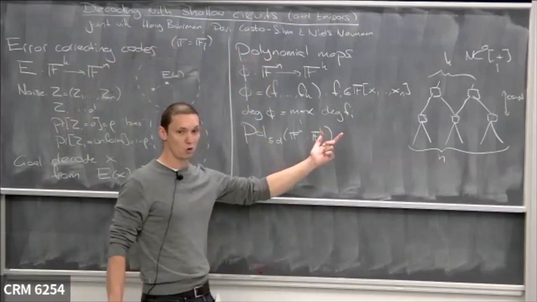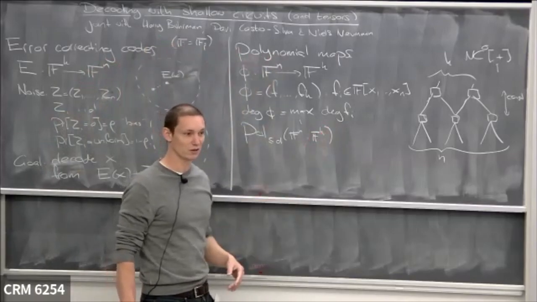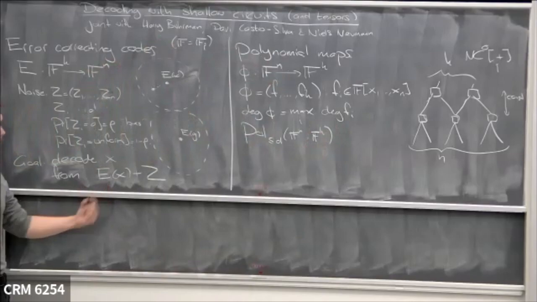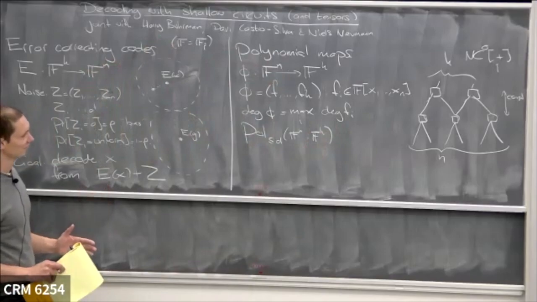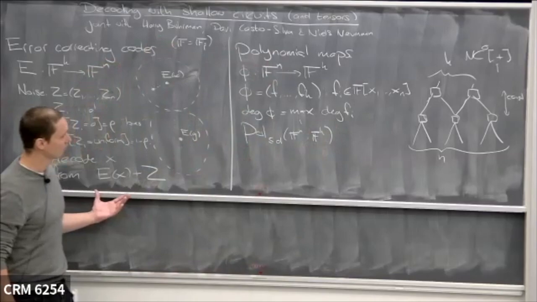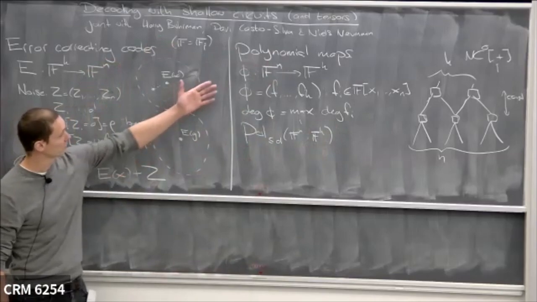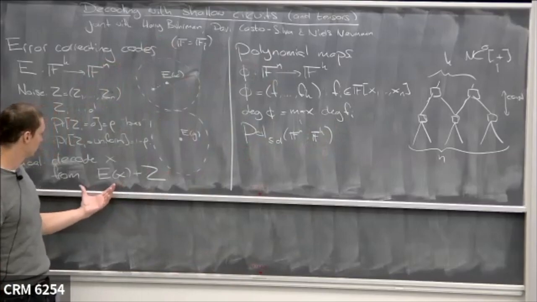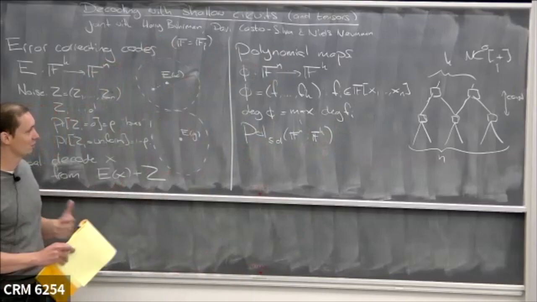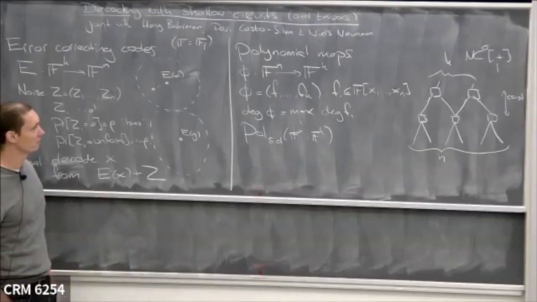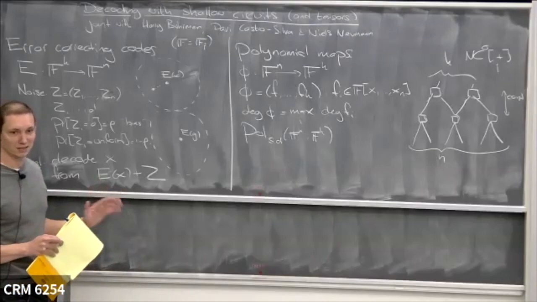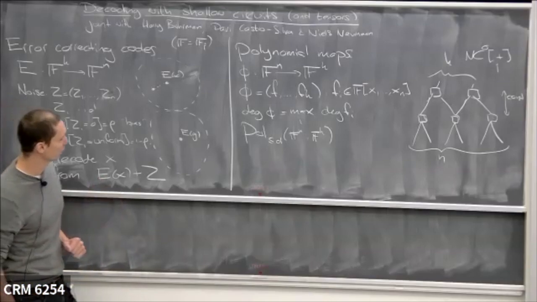There's an analogous quantum circuit, a QNC0 circuit, that is quite good at performing this task for a specific type of code called the Hadamard code. So showing that these circuits are bad at performing this task, or equivalently that polynomial maps are bad at decoding, in a sense gives you a separation or a key difference between a basic class of quantum circuits and their classical analogs. That was the gist of the project.